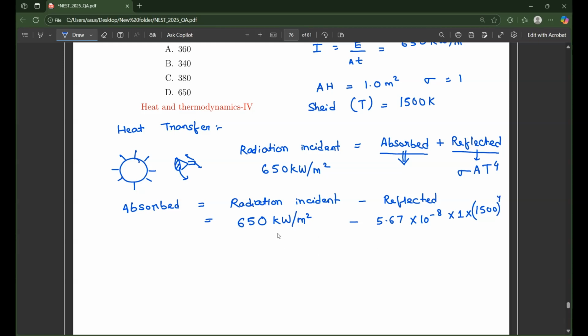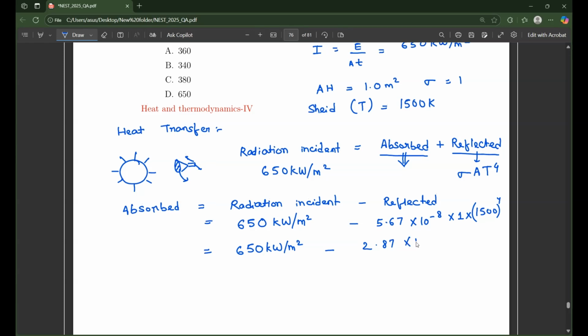Now when we solve it, we will get its value as somewhere around 2.87 into 10 raised to power 5 watts.